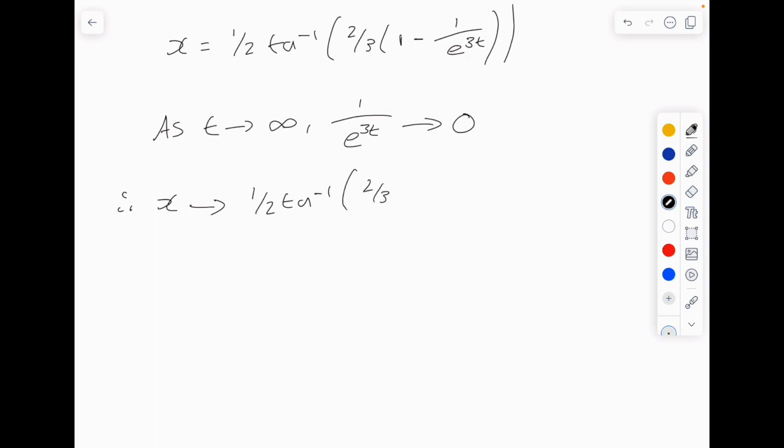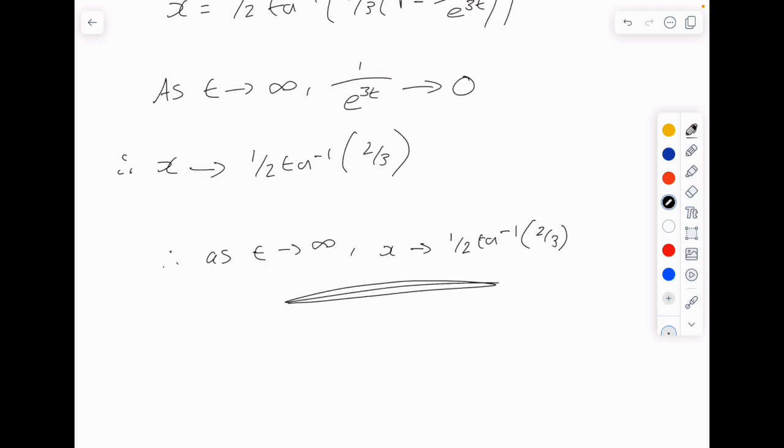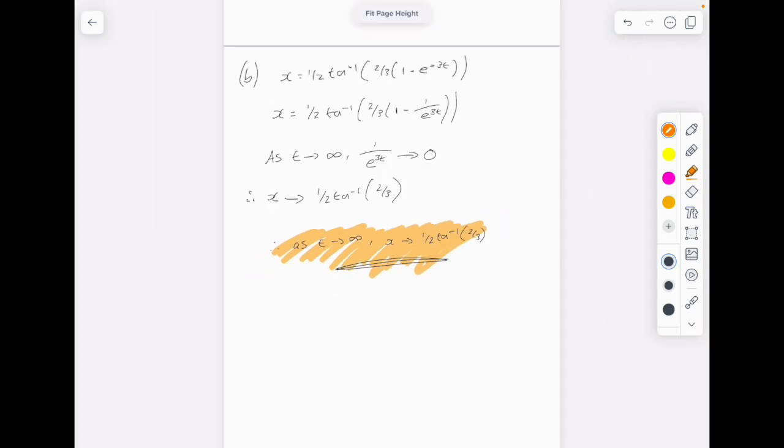And what's this here? Well, 1 minus 0 is just 1. So it's going to tend towards half of arctan 2 over 3. So therefore, as t tends towards infinity, x tends towards a half arctan 2 over 3. And that, guys, is the final answer to the question as a whole.